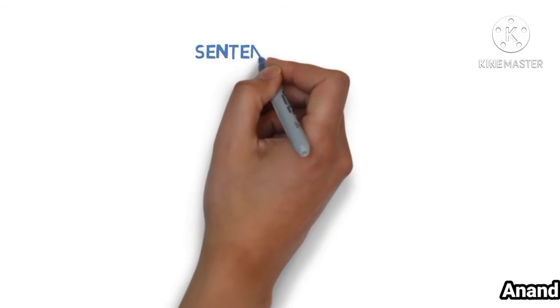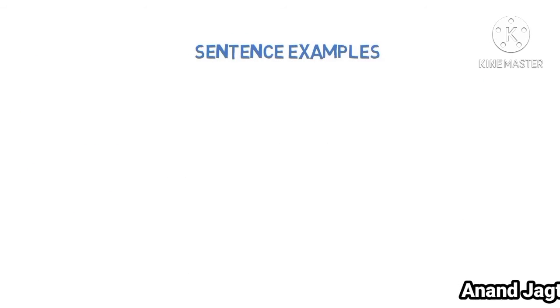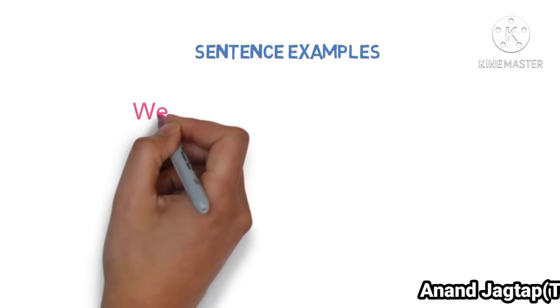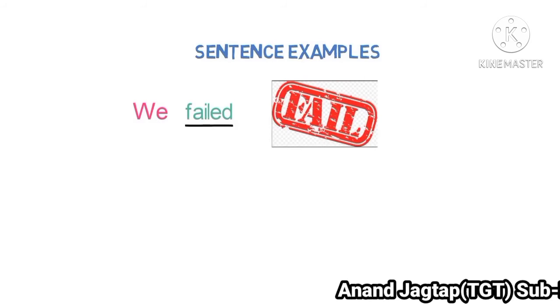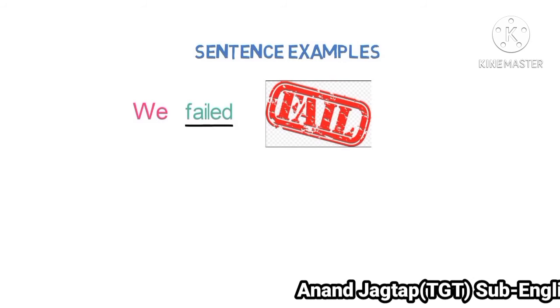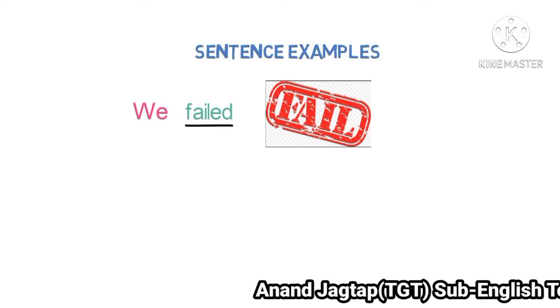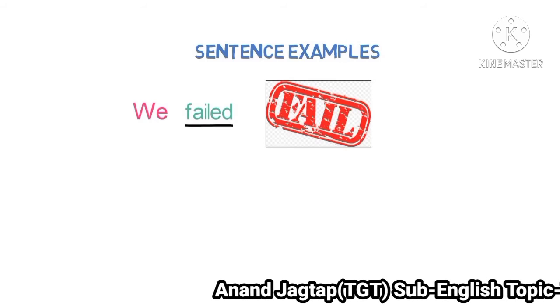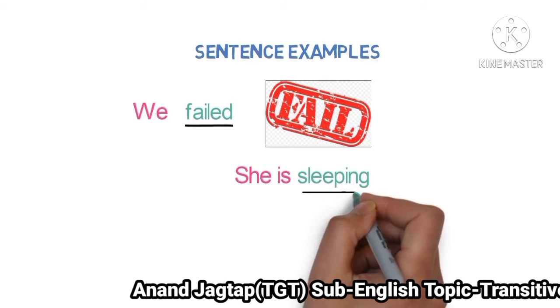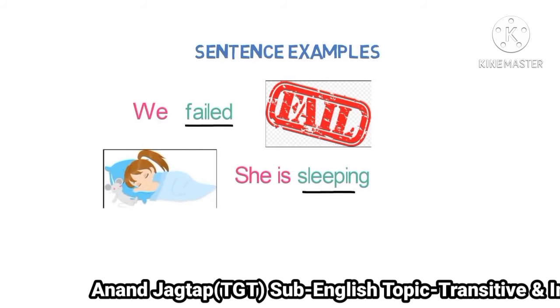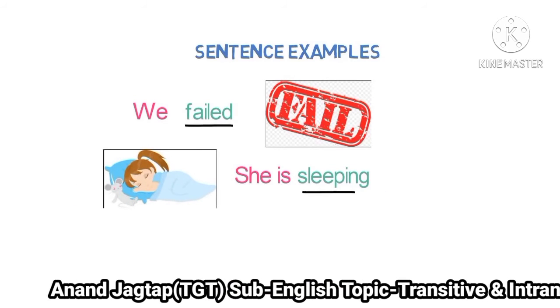Now we'll see a few examples. We fell. It doesn't have an object, so it is an intransitive verb. Another example, she is sleeping. There is no object, so sleeping is an intransitive verb.